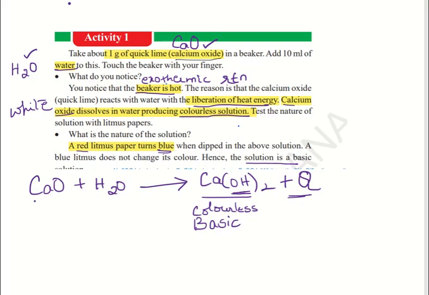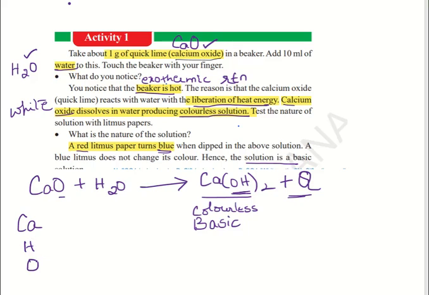We have calcium, oxygen, hydrogen. Let us write all the elements that are there in the equation. There is calcium, there is hydrogen, and there is oxygen. Remember, whenever we are trying to balance, first check the metals, then non-metals, then hydrogen and oxygen.